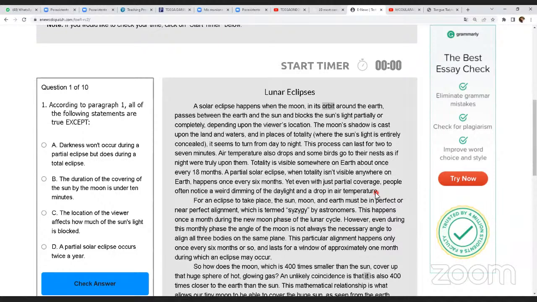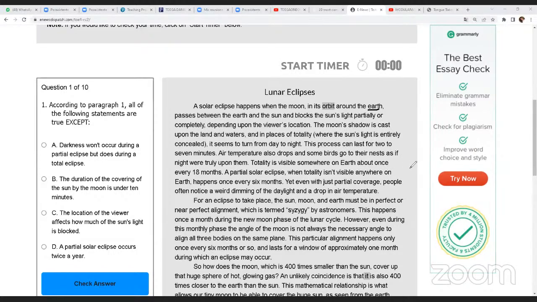Okay. A solar eclipse. Eclipse. It's correct, teacher. Eclipse. Yes. A solar eclipse happens when the moon, in its orbit around the Earth, passes between the Earth and the sun and blocks the sun's light partly or completely, depending upon the viewer's location.